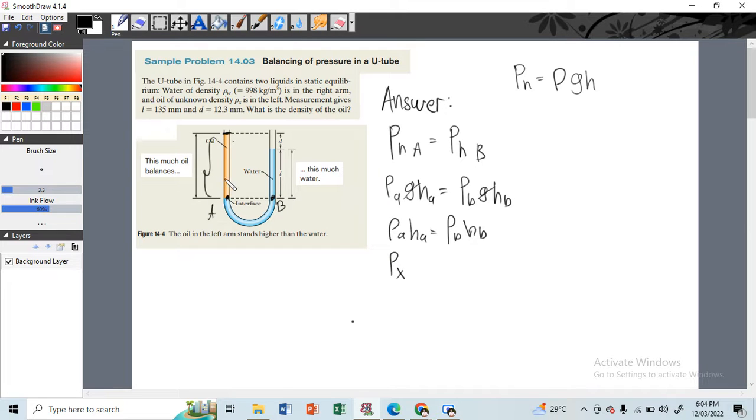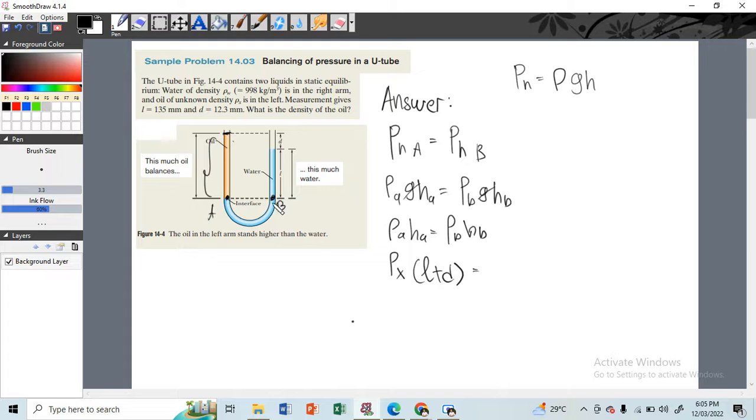From the figure, we could take a conclusion. The hA, the depth of this point A, is just equal to L plus D. Okay. Now, what is rho B?